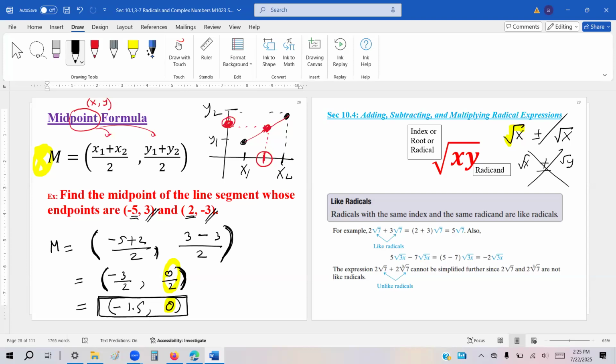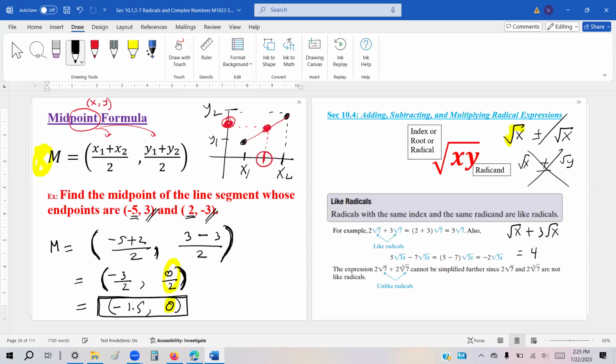So same root, same inside. If you have the same root and the same inside, all you have to do is keep the same thing and add or subtract their coefficients. For example, let's say square root of x plus 3 square root of x. We have the same square root of x.